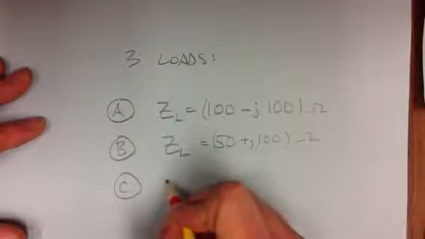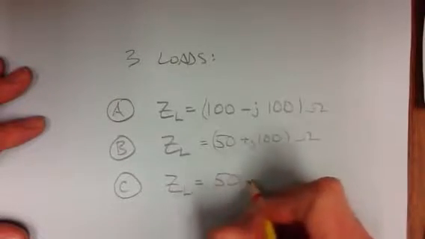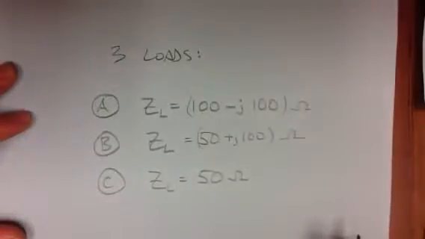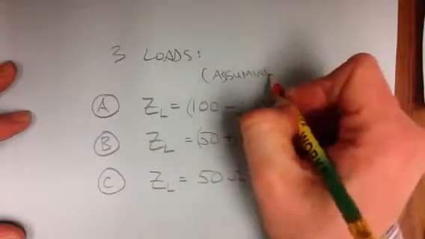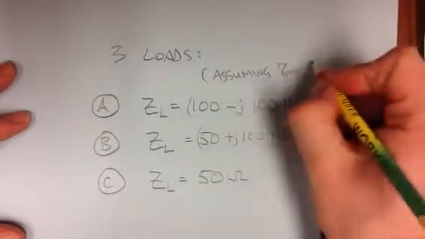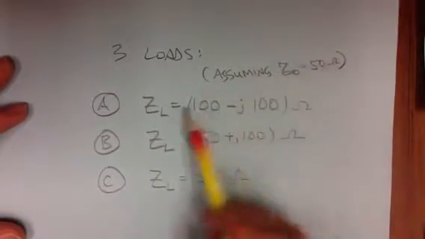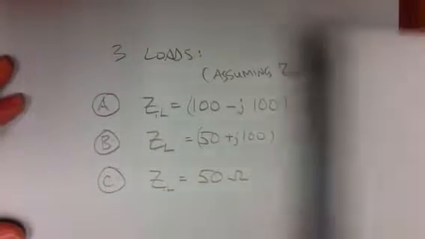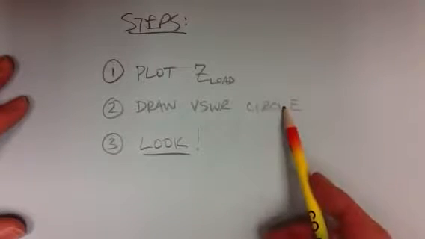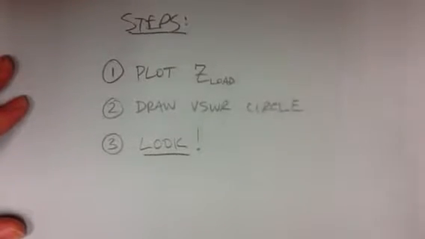C, load impedance equals... Okay, so I'm going to be assuming that the characteristic impedance is 50 ohms. So on a 50 ohm line, here's one antenna, here's another antenna, here's another antenna. We'll plot all these 3, and then we will draw VSWR circles, and then we will look and find out what the VSWR is.